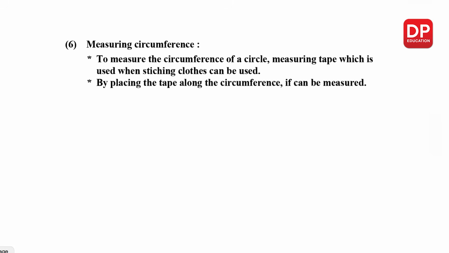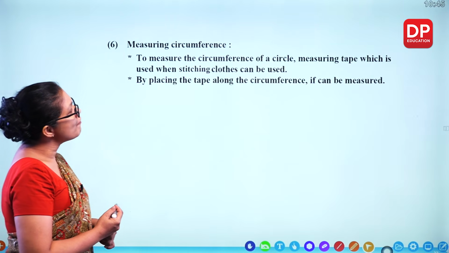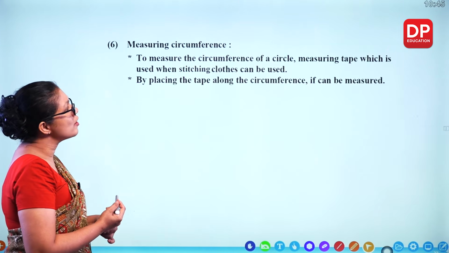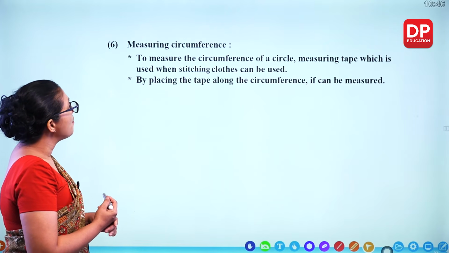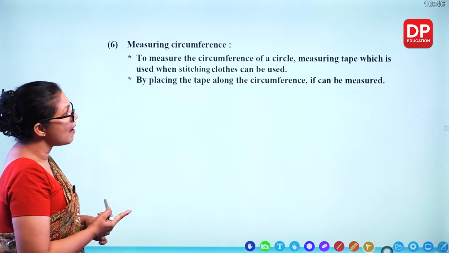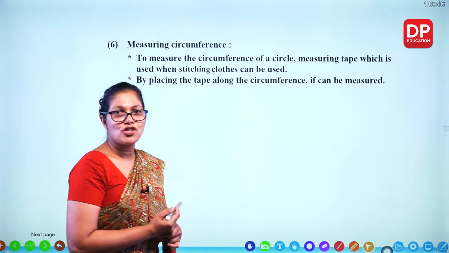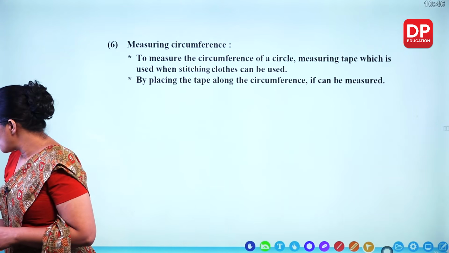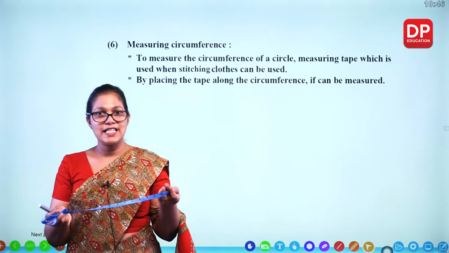Now we'll see how we can measure circumference. To measure the circumference of a circle, measuring tape, which is used when stitching clothes, can be used. By placing the tape along the circumference, it can be measured. So this is the measuring tape.